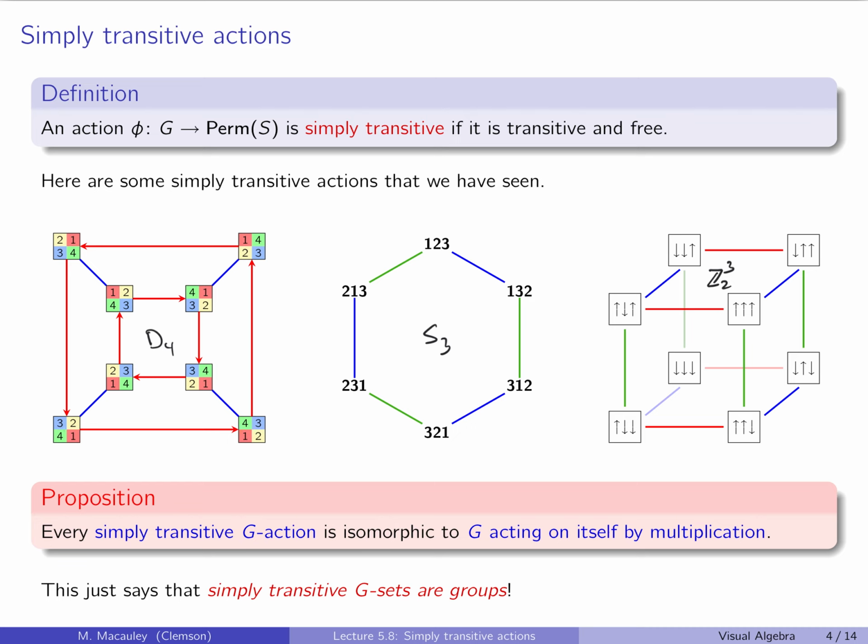In other words, the actual G-sets are isomorphic. What this is saying is that simply transitive G-sets are just groups. Remember, G-sets are like a generalization of groups, but the simply transitive ones are the actual groups themselves.